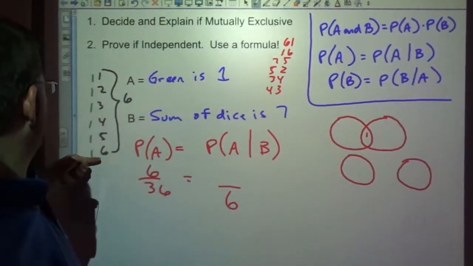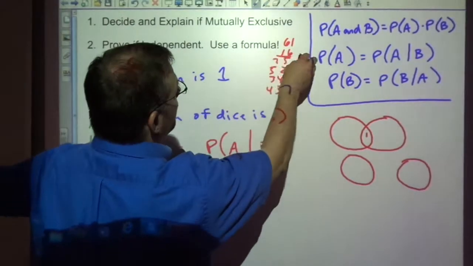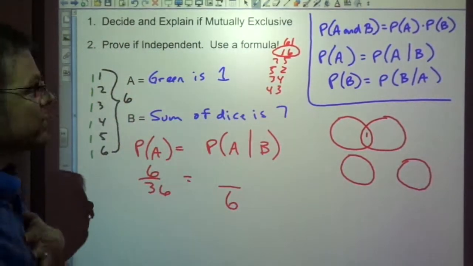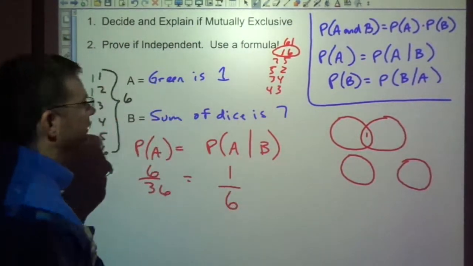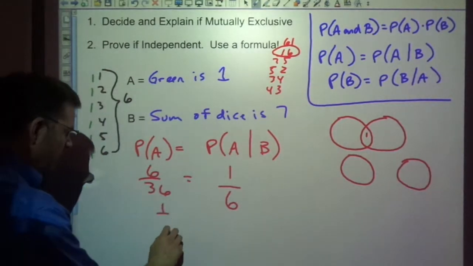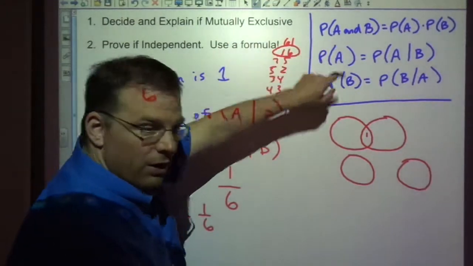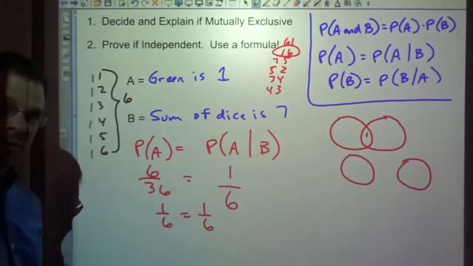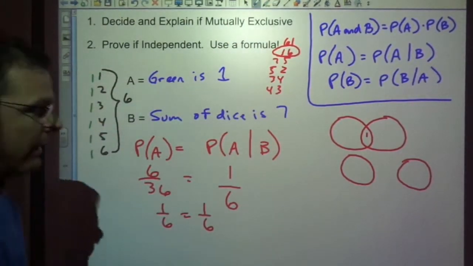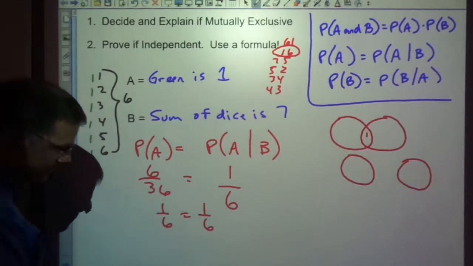And it looks like it'd be this 1, 6. This is the only one where the green die is 1. So there's a 1 out of 6 chance. Hey, this reduces to be 1/6 equals 1/6. So that proves that they are independent. So they are independent and they are not mutually exclusive.